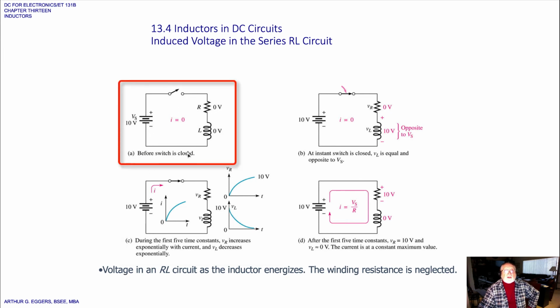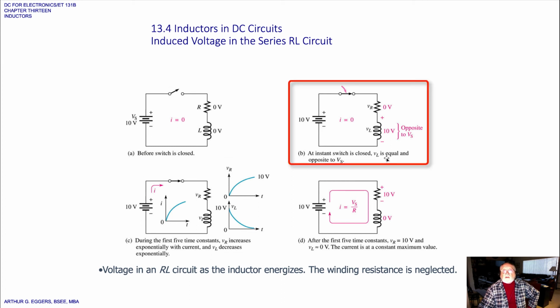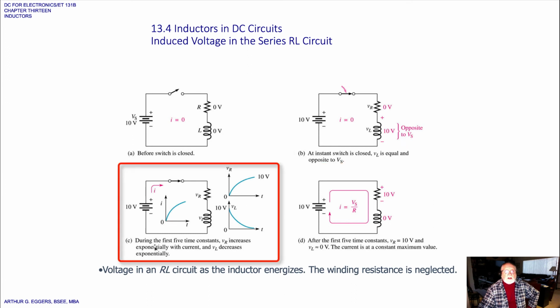So before the switch is closed, current is 0. At the instant the switch is closed, V sub L is equal and opposite to the source, so we're at 10 volts opposite to the source. During the first 5 time constants, the voltage across the resistor increases exponentially. There's your exponential curve with current, and V sub L then decreases exponentially, again obeying Lenz's law.